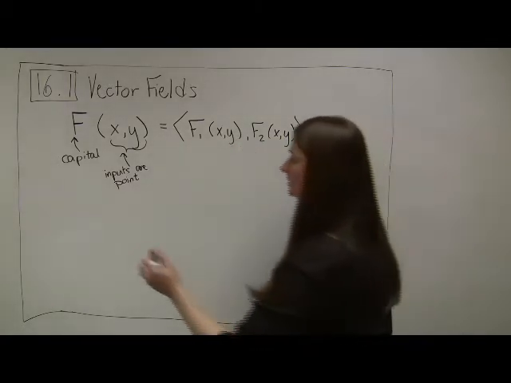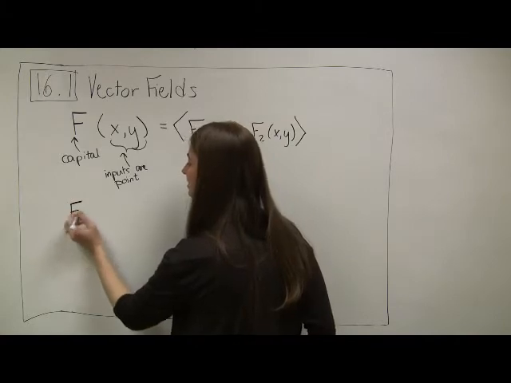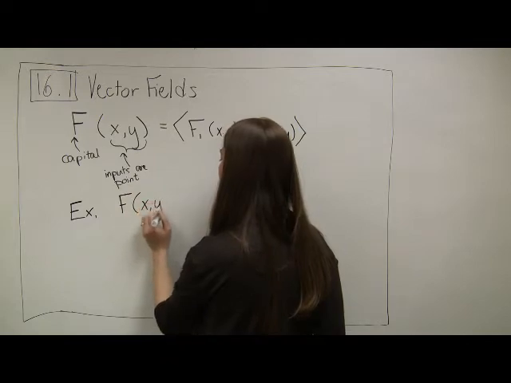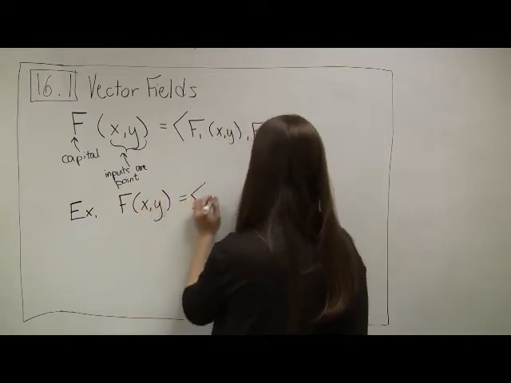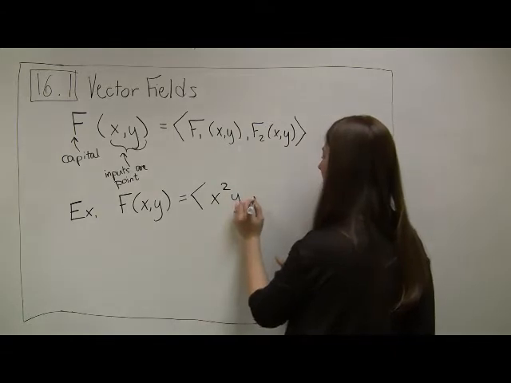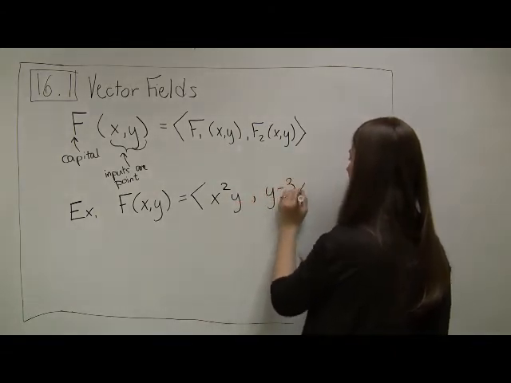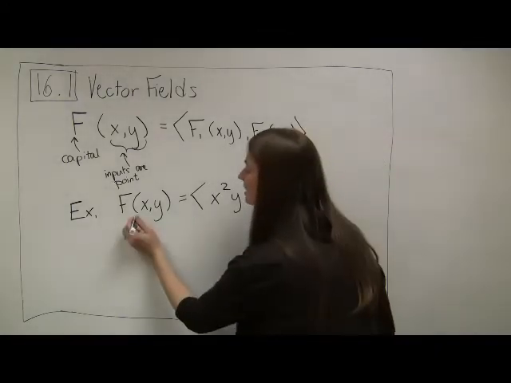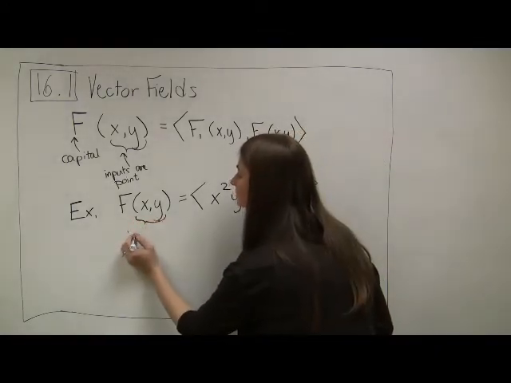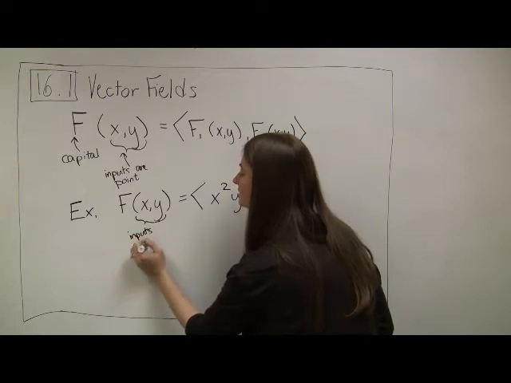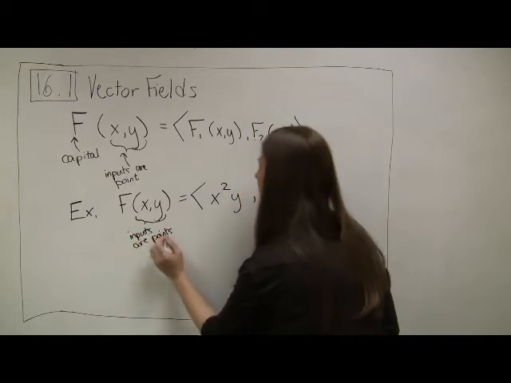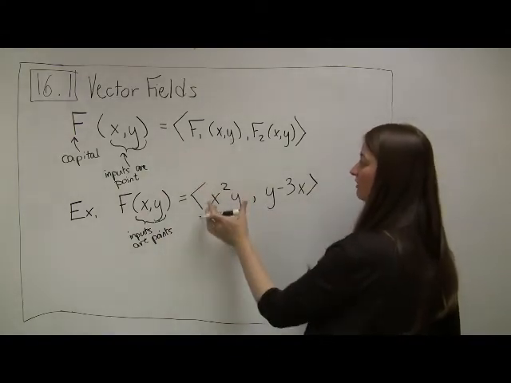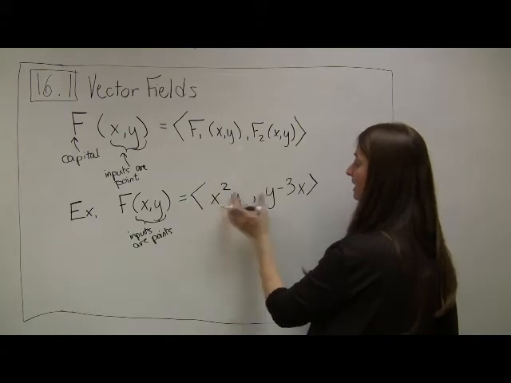So let's see an example for a little more clarity of what this looks like. For example, let's say that I have this vector field function, F of x, y is equal to x squared y, comma, y minus 3x. So what's going on in this function? Inputs in this case are points, and our outputs in this, our x component function, which we usually call f1, is given by x squared y.